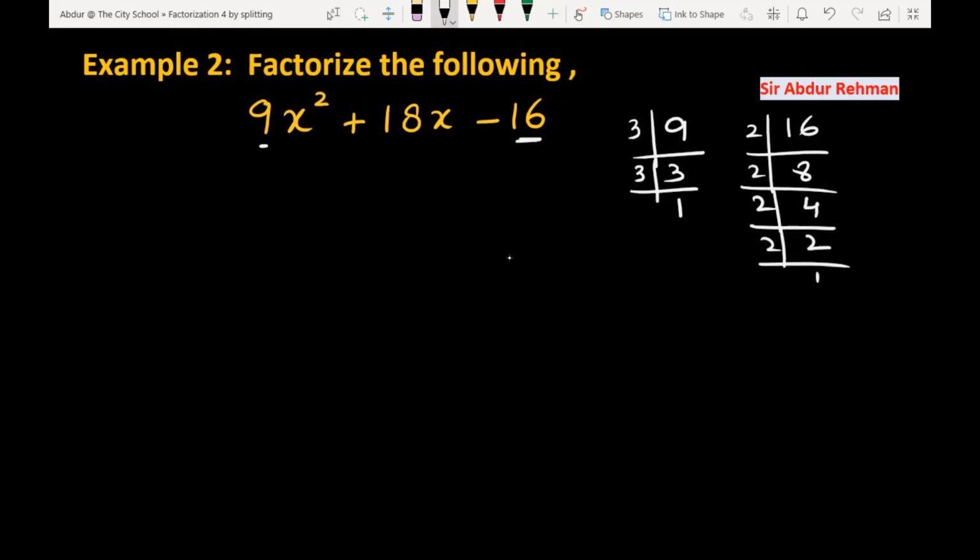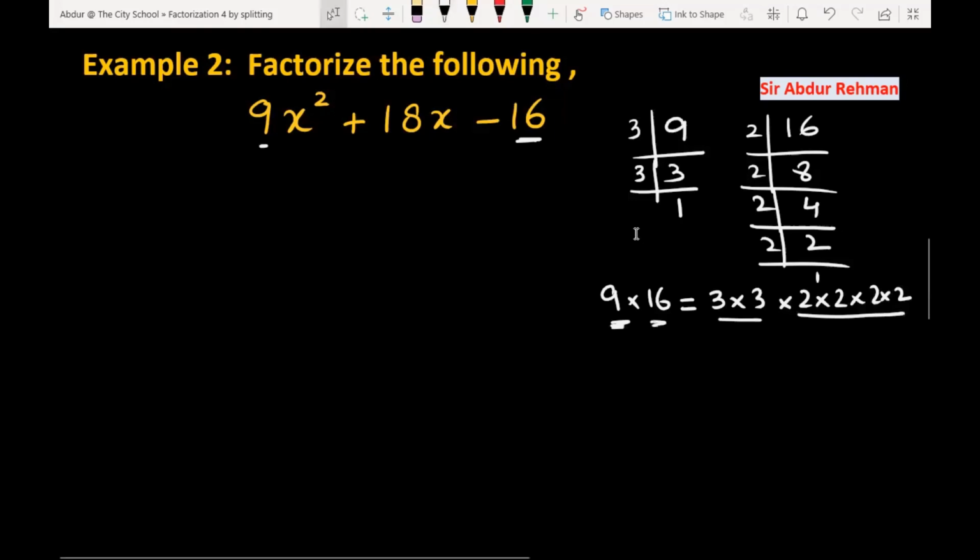So the product of 9 and 16 will be 3 times 3 for 9, and 2 times 2 times 2 times 2 for 16. So by the trial and error method, you have to find 18 by addition or subtraction of these prime factors.